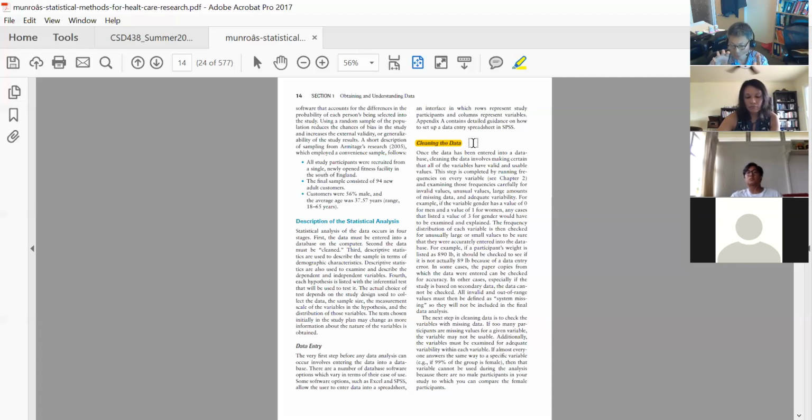Then I can check the data using the dictionary. Otherwise it will take forever: every weird data entry that happens, I have to call and ask, what is this, what is that. So to communicate with the data entry people, we need the data dictionary. Its purpose is cleaning the data.